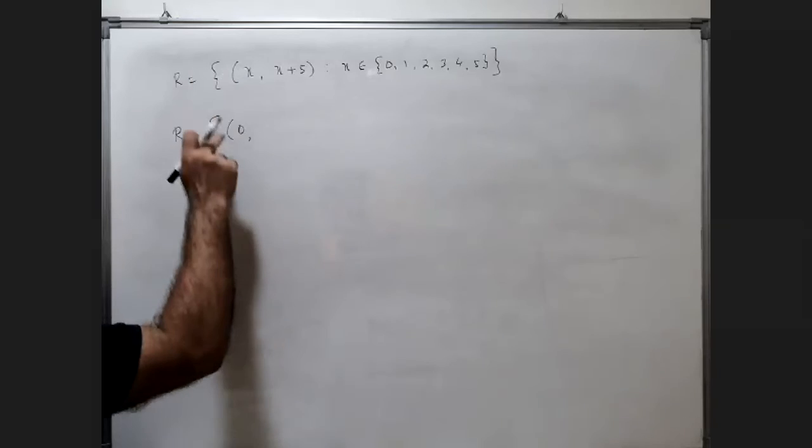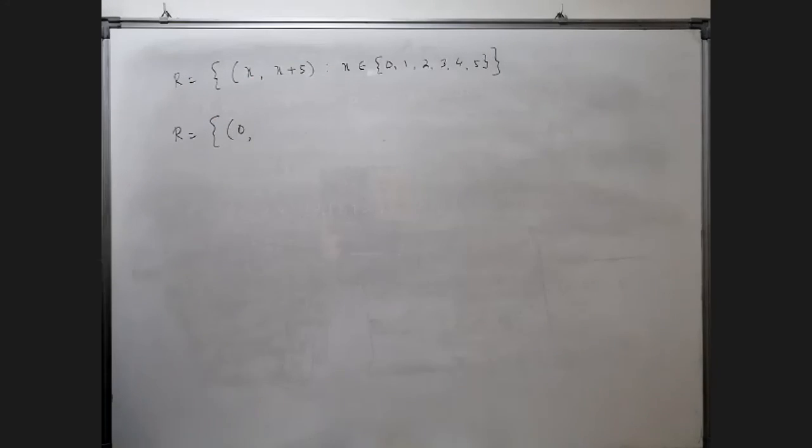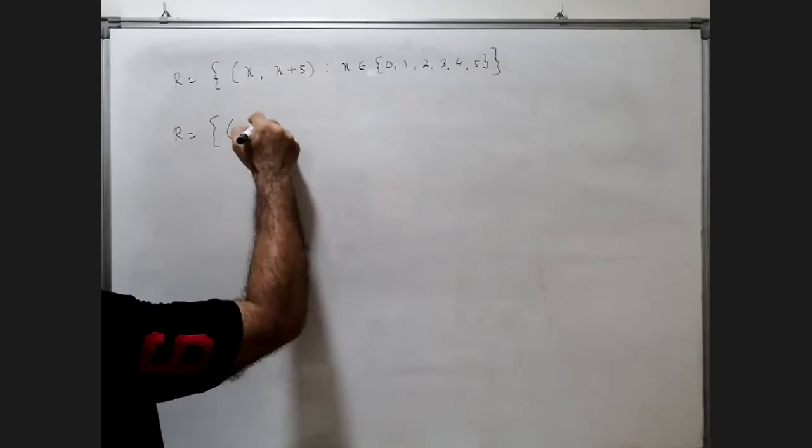Now, if x is 0, y is x plus 5, which is 0 plus 5, that is 5.